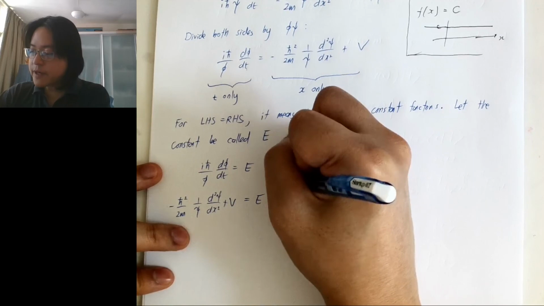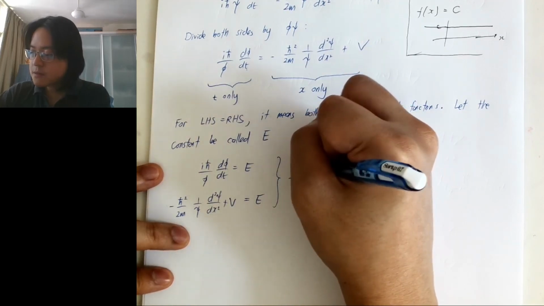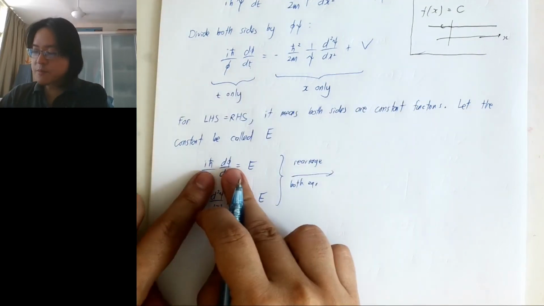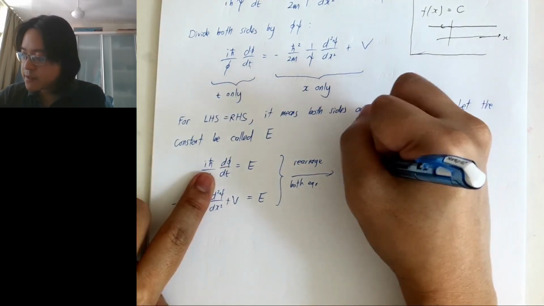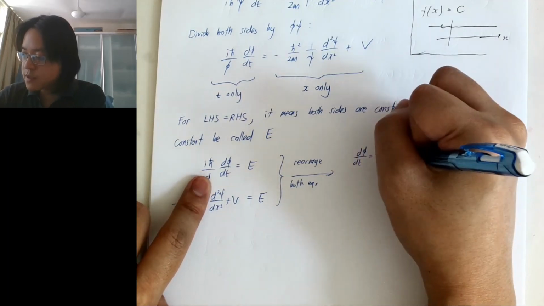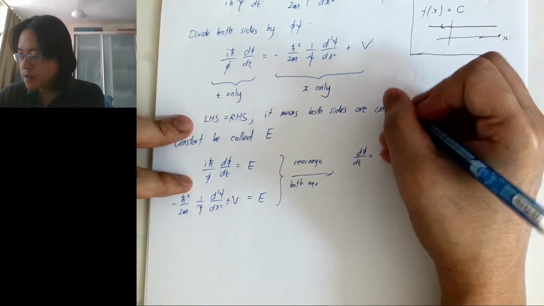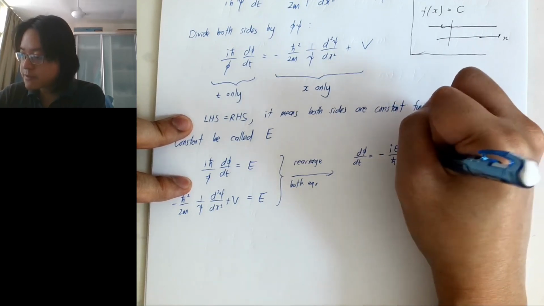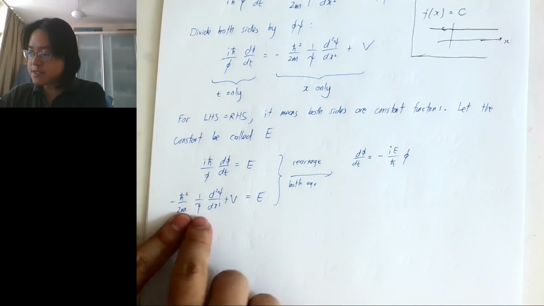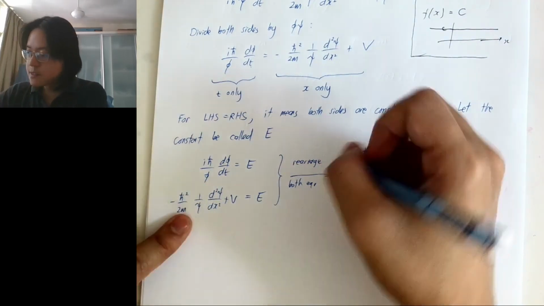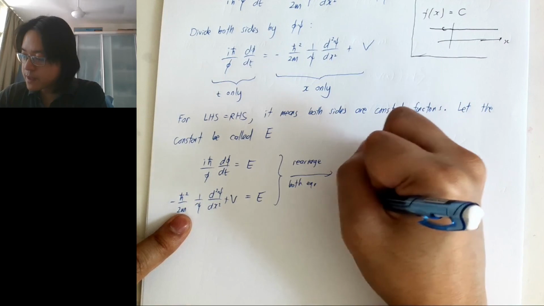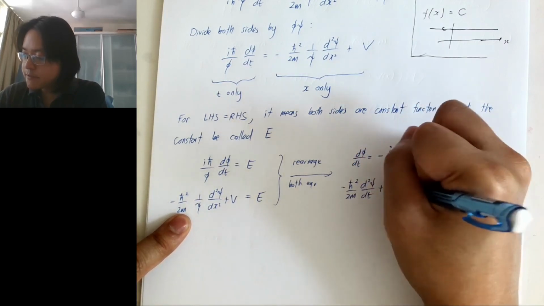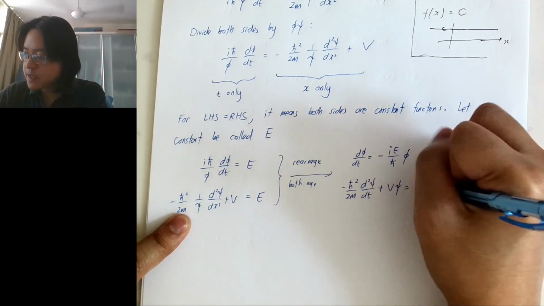Okay, so if I rearrange both equations to make them look nice, I have d phi/dt is equal to negative iE over h bar times phi, and then I bring the psi up on both sides, so I get negative h bar squared over 2m d squared psi/dx squared plus V psi is equal to E psi, right?